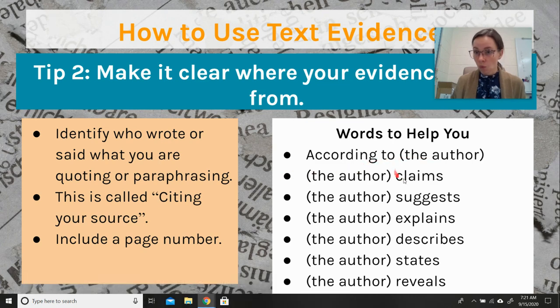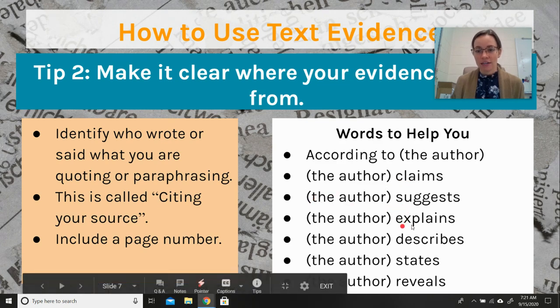So you could say, according to the author, you could say the author claims, the author suggests, explains, the author describes, the author states, the author reveals, and there are many more ways that you can do this. This is just a limited list, but these are great sentence starters for introducing evidence.